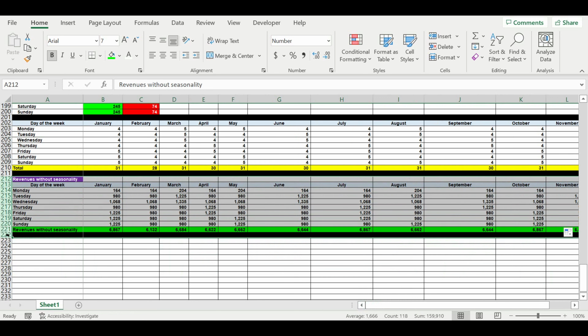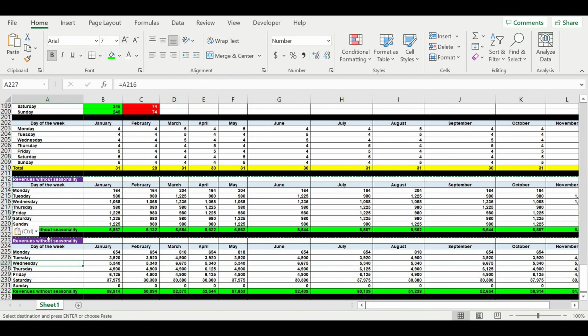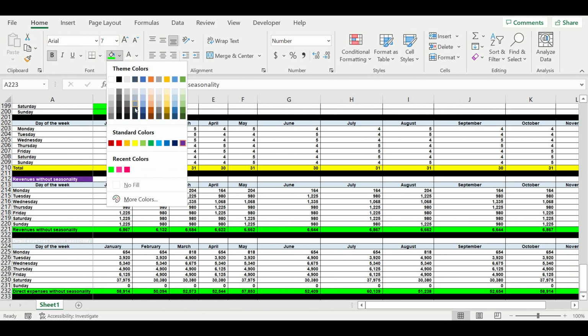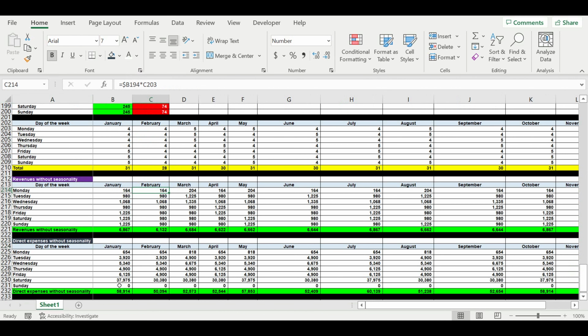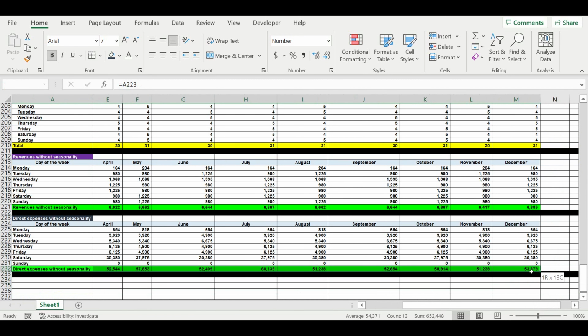Now we are doing the same exercise for direct expenses. These are the expenses, so we mark them with red.